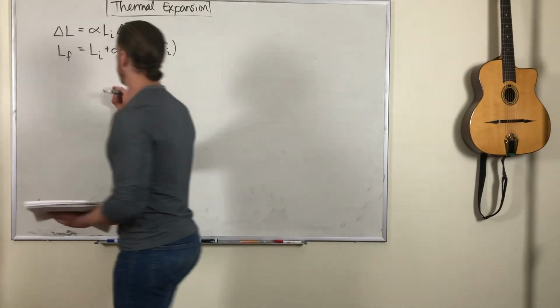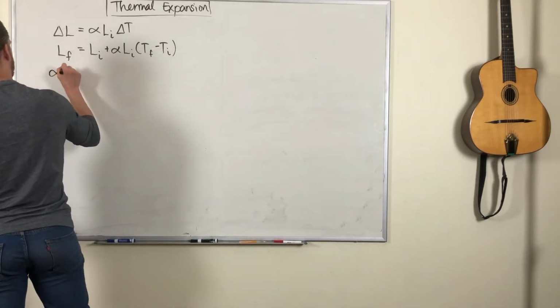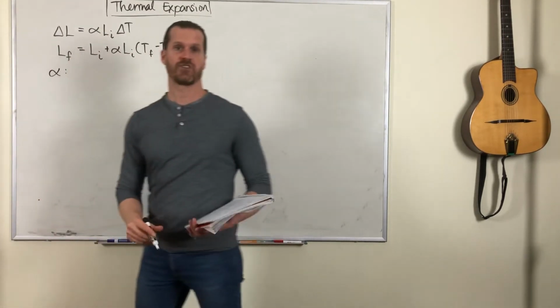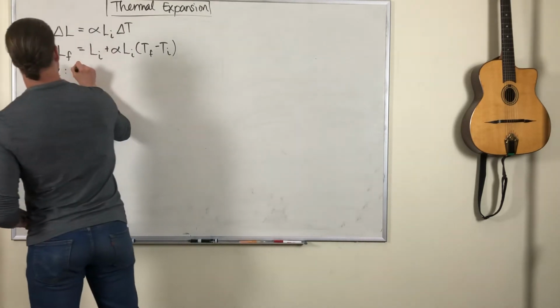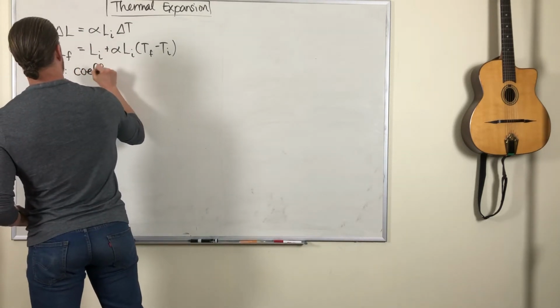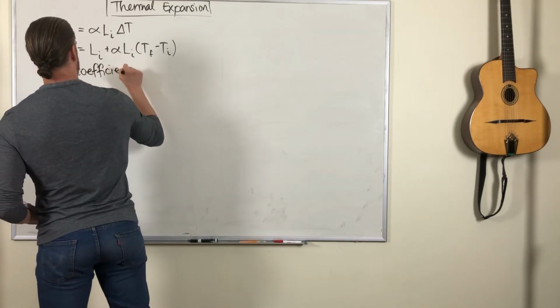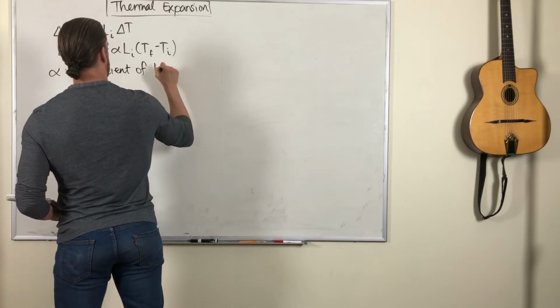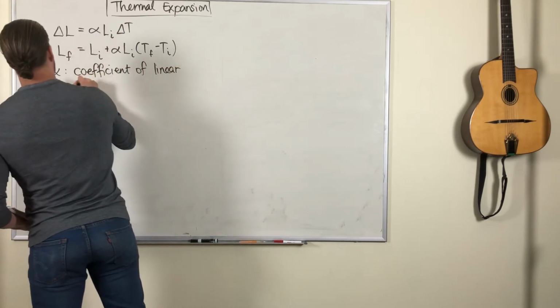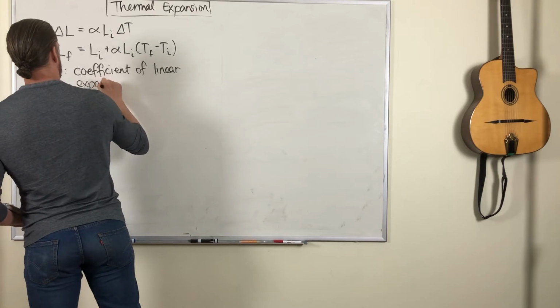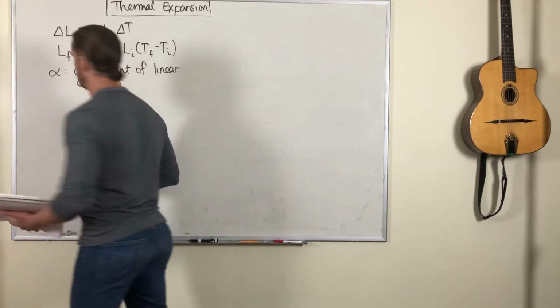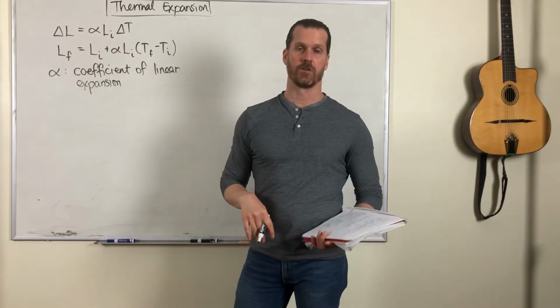And this thing alpha is called the coefficient of linear expansion. And it depends on the material.